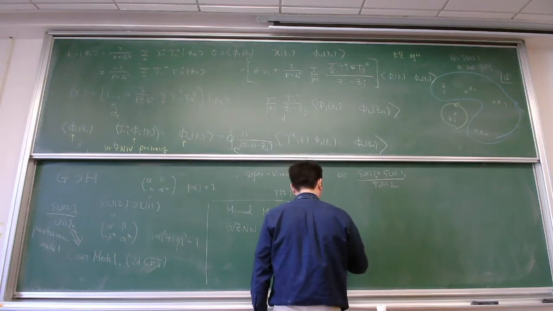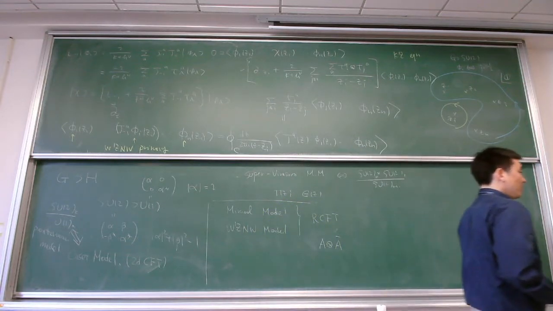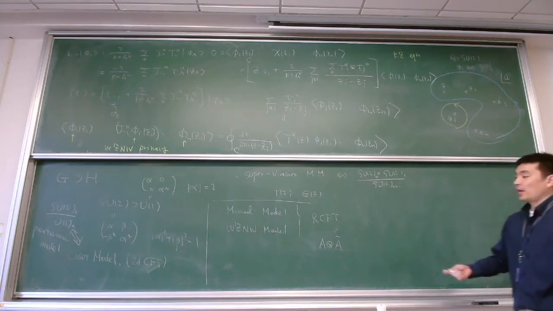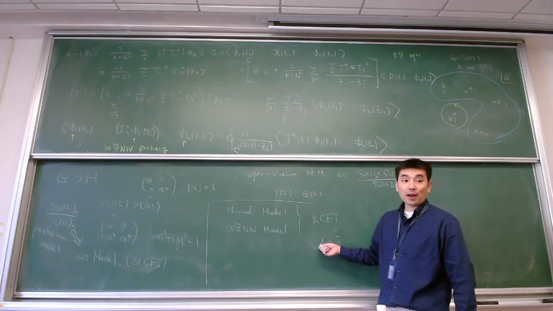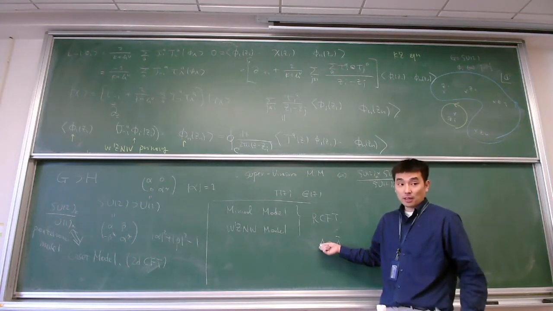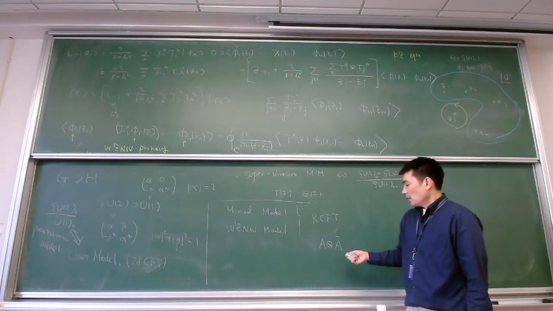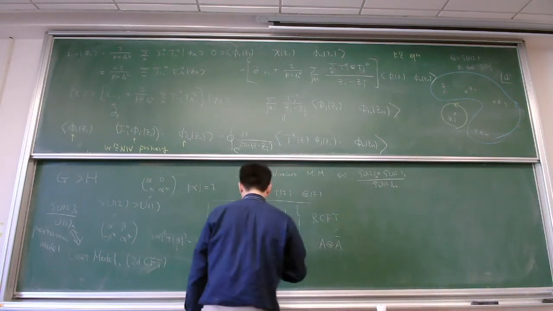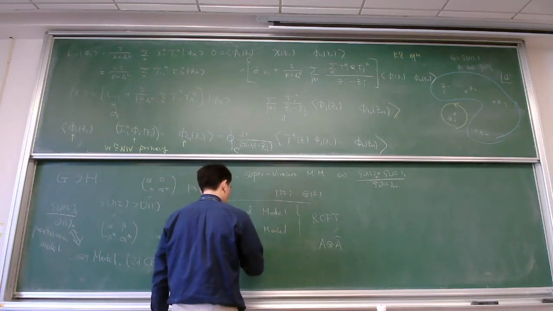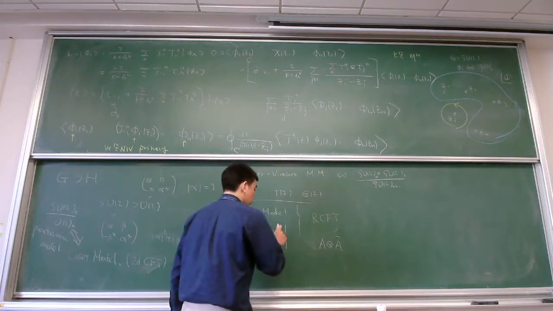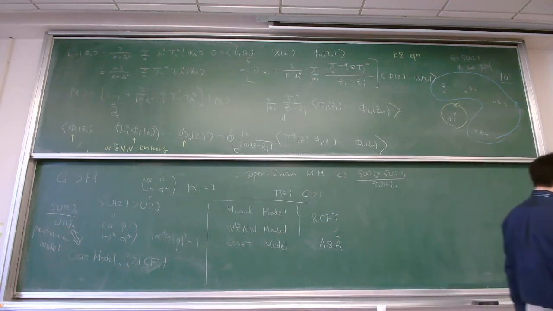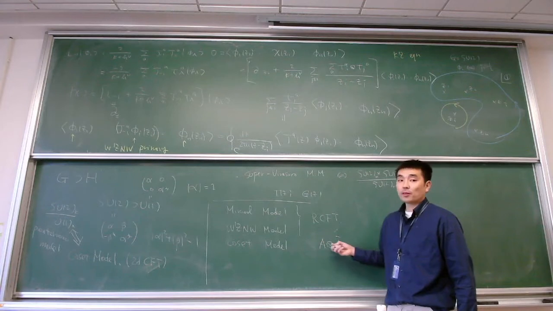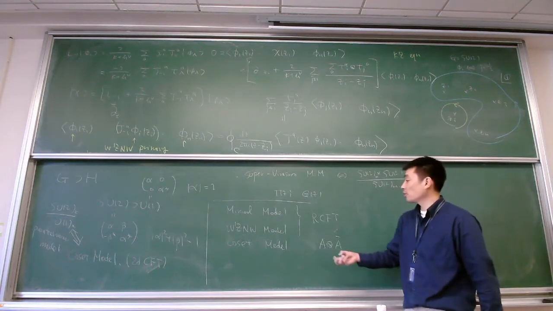It's called the chiral algebra A times A bar. We know that in the case of the Wess-Zumino-Witten model, A corresponds to the affine current algebra plus the Virasoro algebra, and likewise for the coset model. A and A bar can be some infinite dimensional algebra, current algebra, Virasoro algebra.